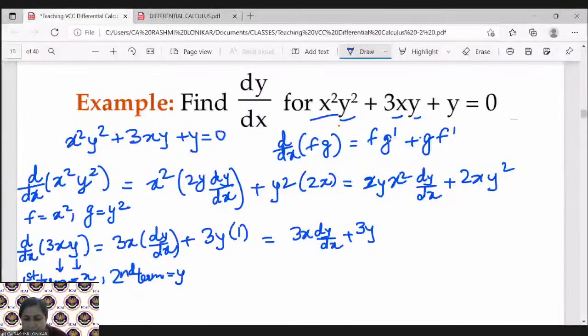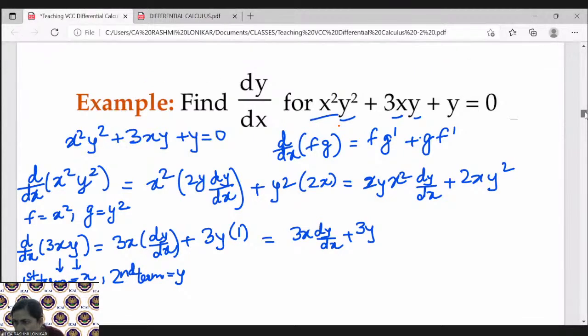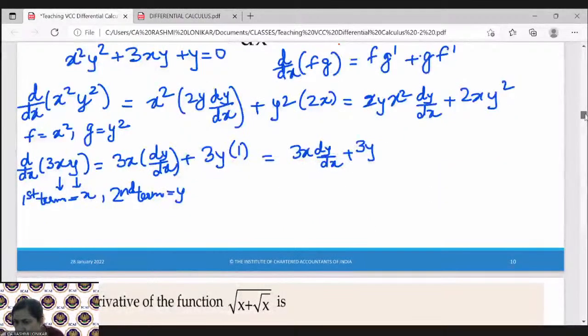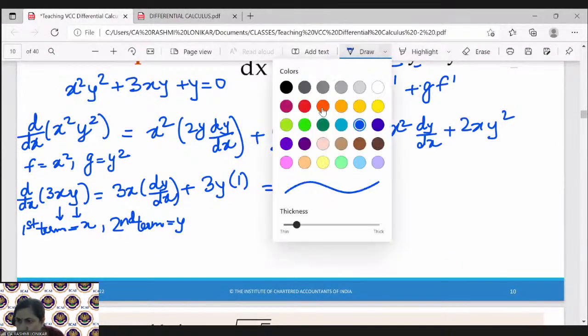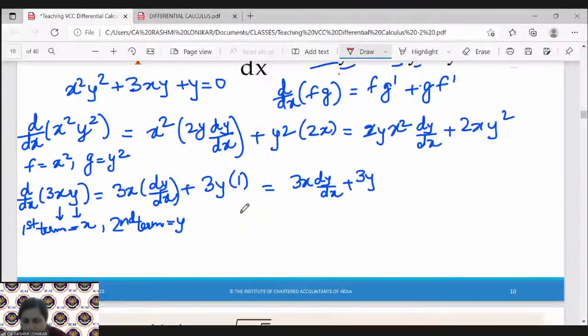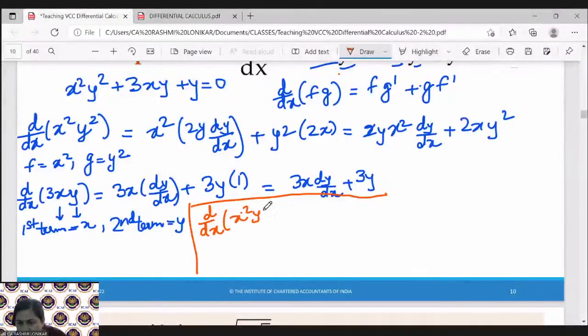So now the derivative of the function, d by dx of x square y square plus 3xy plus y is equal to the derivative of 0, which is 0.